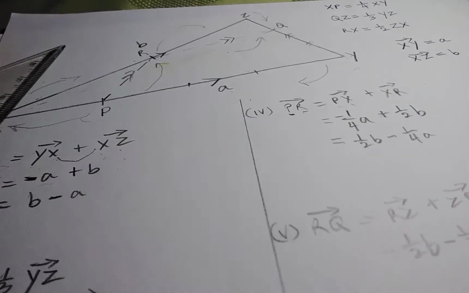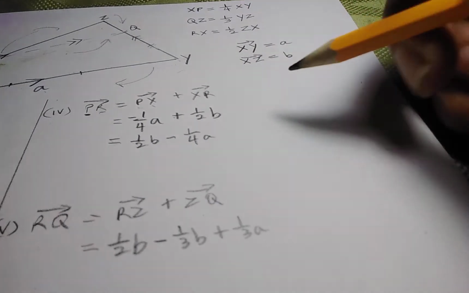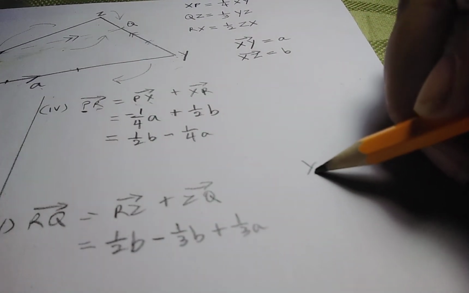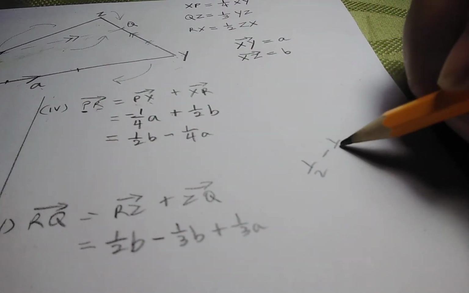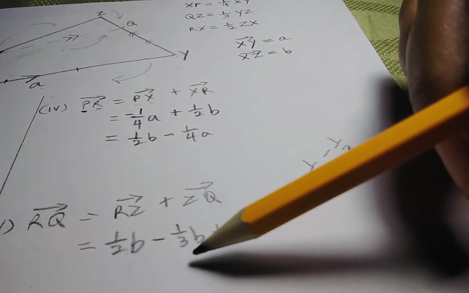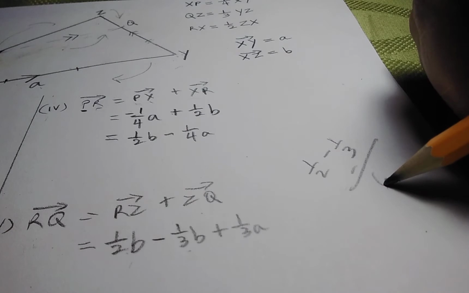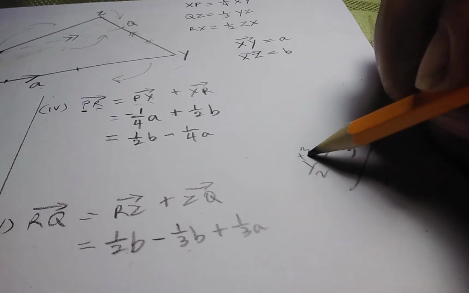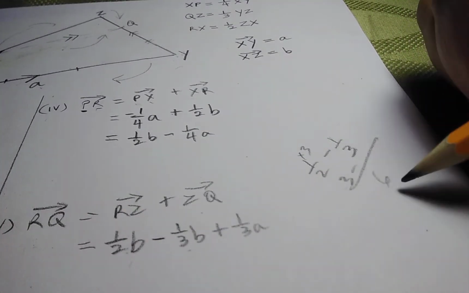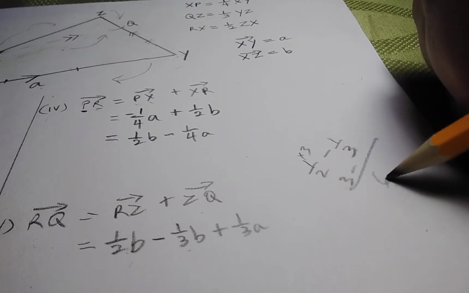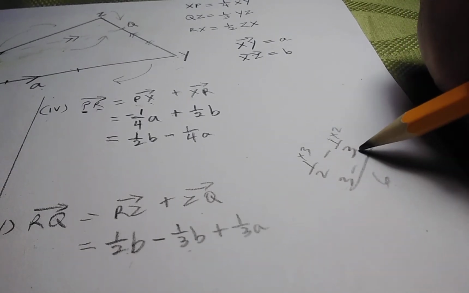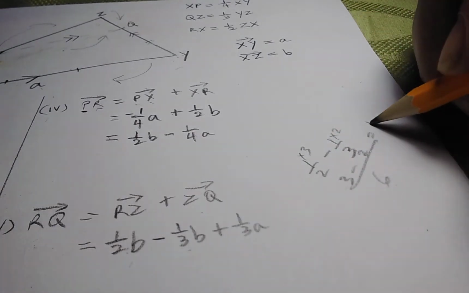So we have to do some fractions here to work it out. So half minus a third. I'm using the coefficient of B. So the LCM is 6. 2 divided into 6 goes 3 times. 3 times 1 is 3. 3 divided into 6 goes 2 times. 2 times 1 is 2. 2 from 3 is 1.